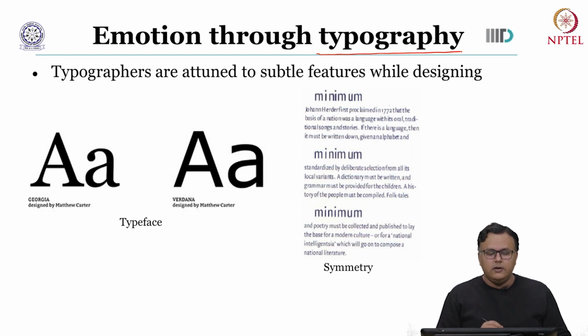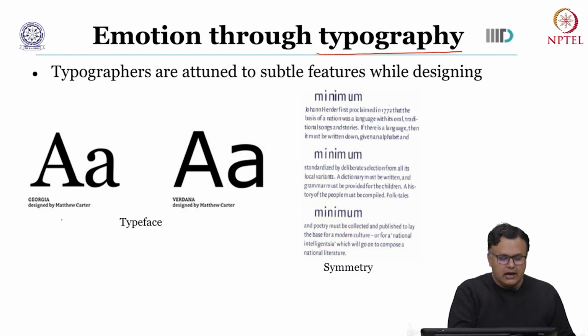Okay. Now, typically typographers would use these minute pieces of information to convey how the content is interpreted in terms of the emotion which is supposed to be conveyed by a text. Now, friends, if you notice the alphabets uppercase A and lowercase a in two different fonts, Georgia and Verdana, right?